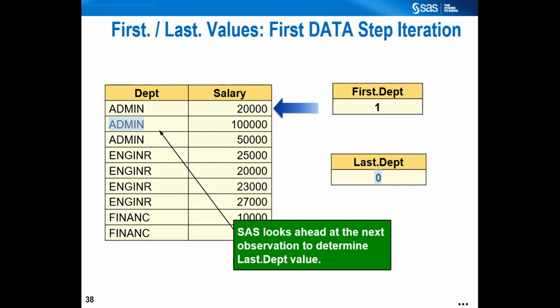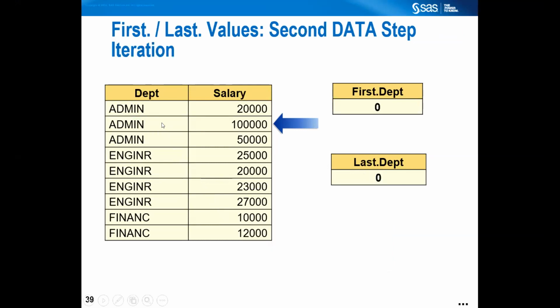All right, up till here, is the concept clear? Yes. Yes. Priyanka, Swarupa. Yes. Good. Okay, fine. Now moving ahead, when SAS comes to this observation, this observation of admin within this group of department of admin is neither the first observation nor the last observation.